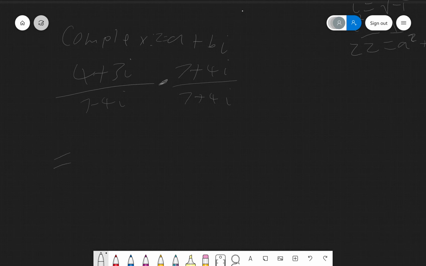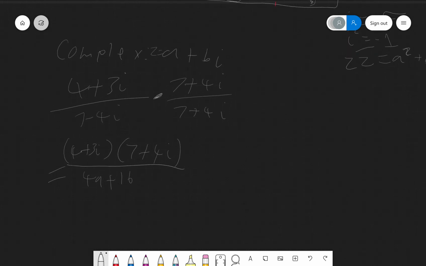Now the top, we have a binomial times a binomial, so we can use FOIL for that. The bottom is just 7 squared minus 4i squared, which is 49 minus 16i squared. But because i squared is negative 1, we flip the sign and we get plus 16. You can also know that z times the conjugate of z is just the sum of the squares, so it's 7 squared plus 4 squared.